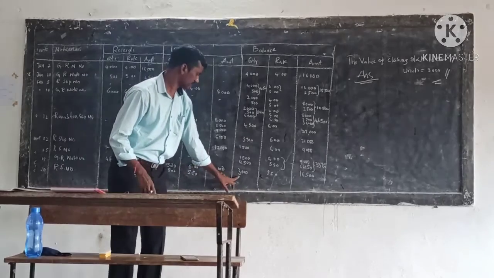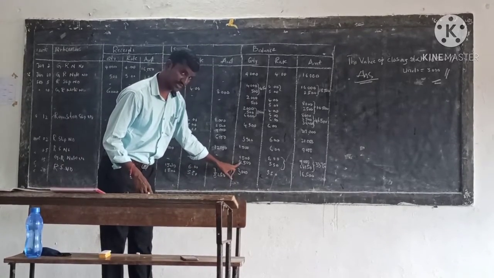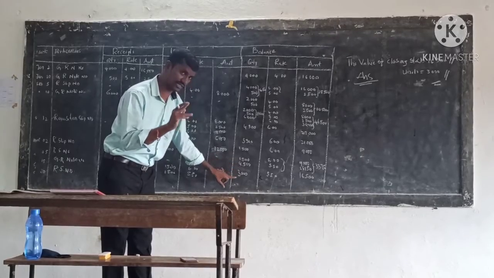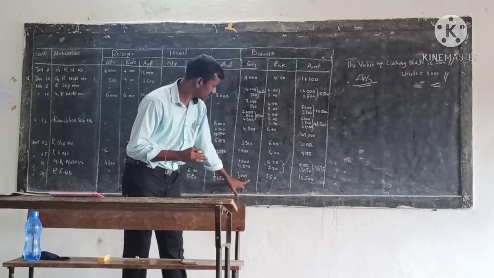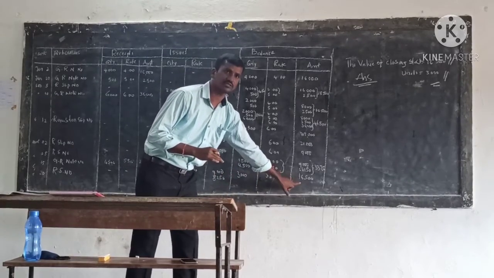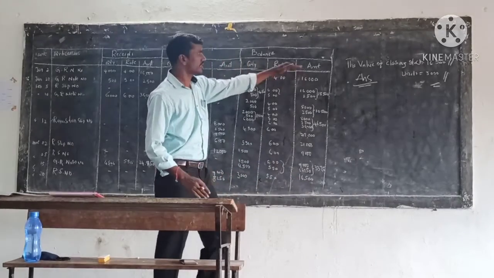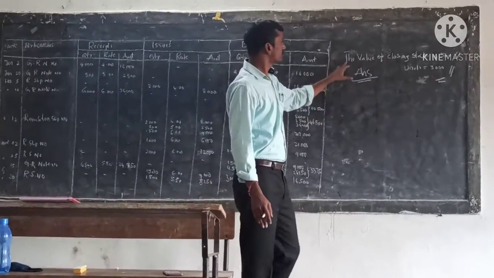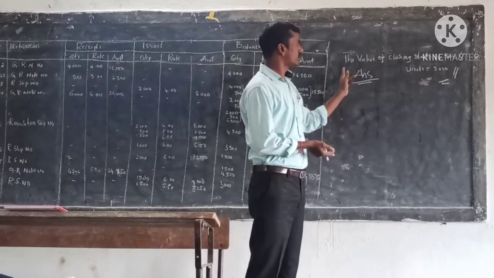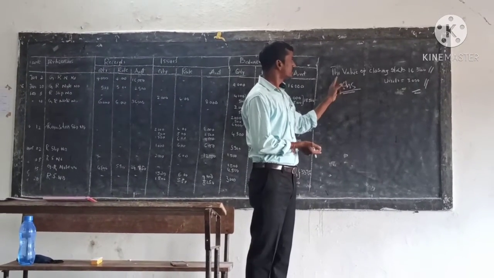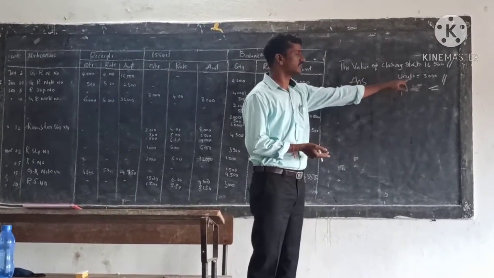The remaining: out of 4,500 units we have issued 1,500. What is the remaining? 3,000. The closing stock is 3,000 units at the rate of 5.50, 16,500. At the end, the value of closing stock is 16,500 and the units of the closing stock are 3,000.